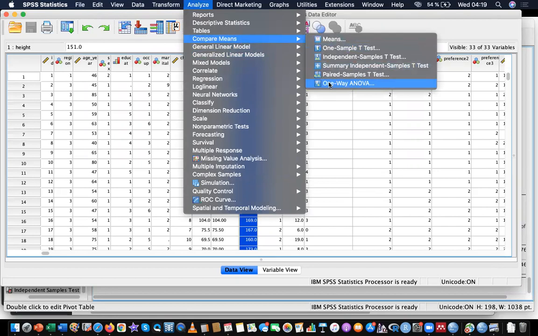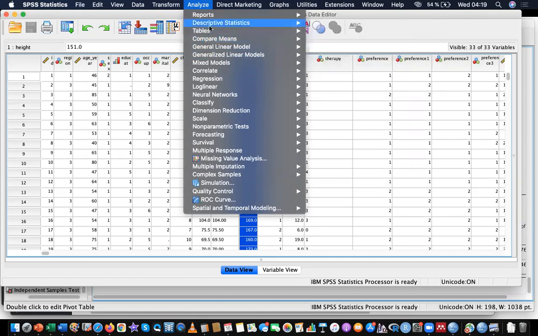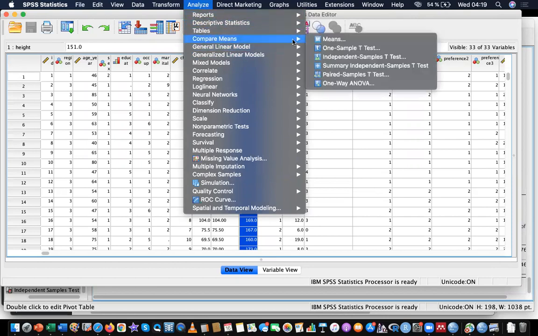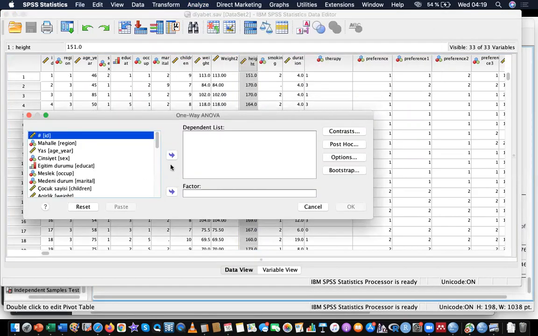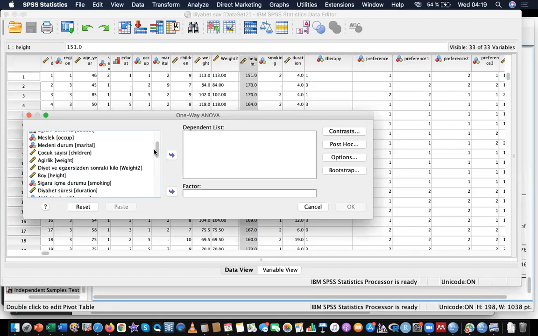I hope you are familiar with SPSS. In SPSS, the parametric tests are under the menu Analyze, Compare Means. And here it's the One-Way ANOVA. I want to see the difference in the height between the educational groups.